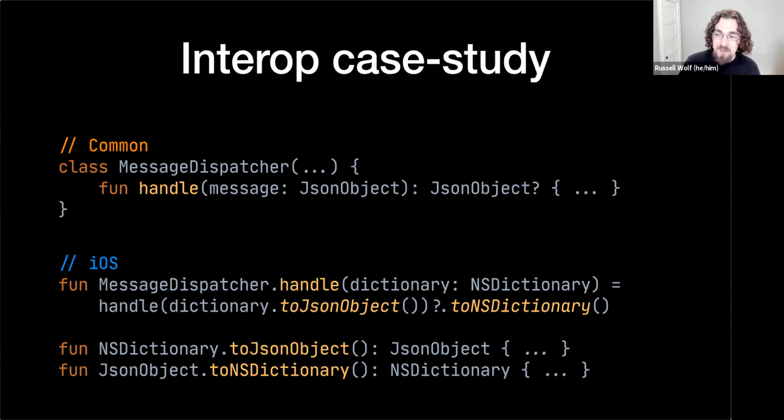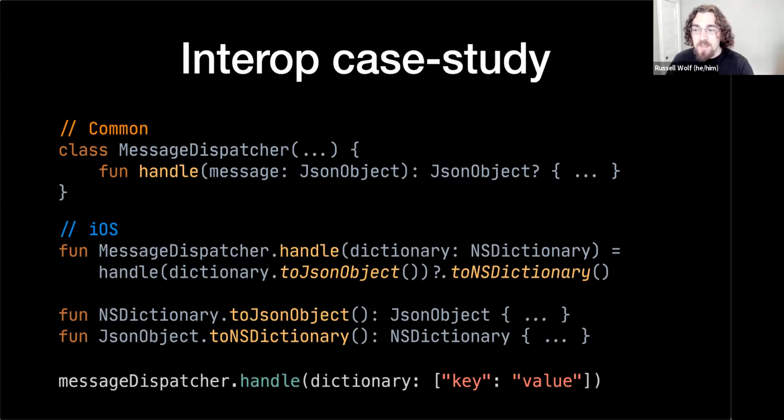And so we were able to build these converters between NSDictionary and JSON object that we could encapsulate in extension functions, and then create an extension around that dispatcher class to wrap that conversion. What that meant in the end is iOS could just pass in its nice map syntax the values that it wanted into that function, which was a really nice way to bridge that shared code in an unobtrusive kind of way.